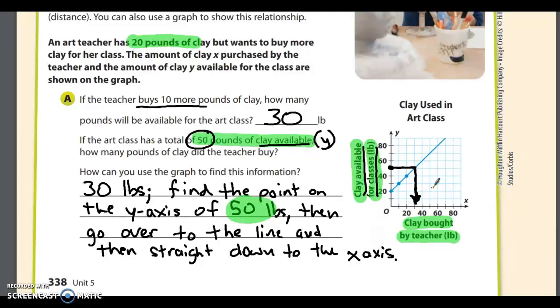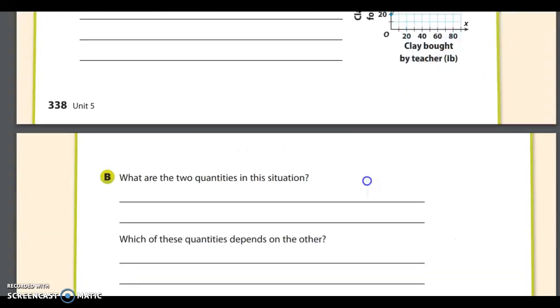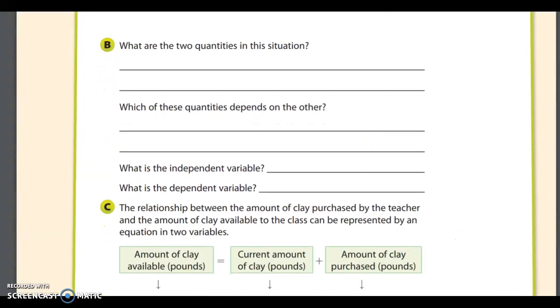Okay, we're going to continue on. This video is just going to move on to page 339. B says, what are the two quantities in this situation?